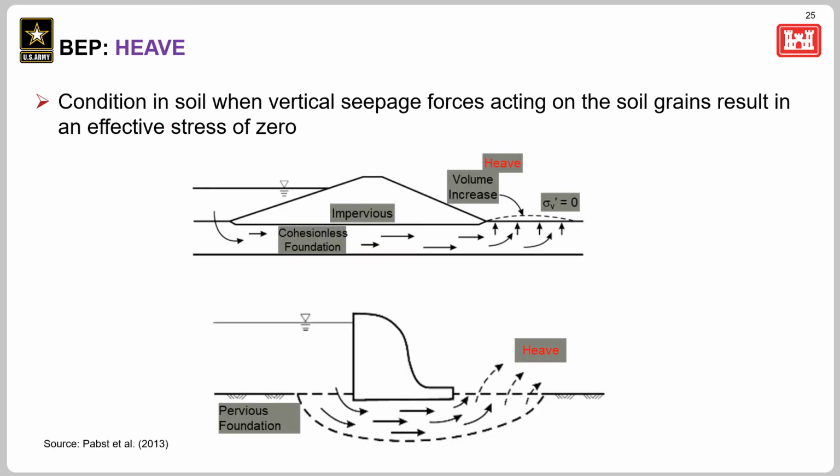So BEP can initiate at a point of heave, where the condition in the soil results in an effective stress of 0 at the vertical seepage exit point. In this top figure, you can see the heave point on the downstream end of an embankment, and in the bottom image you can see the heave point at the downstream end of a concrete structure.